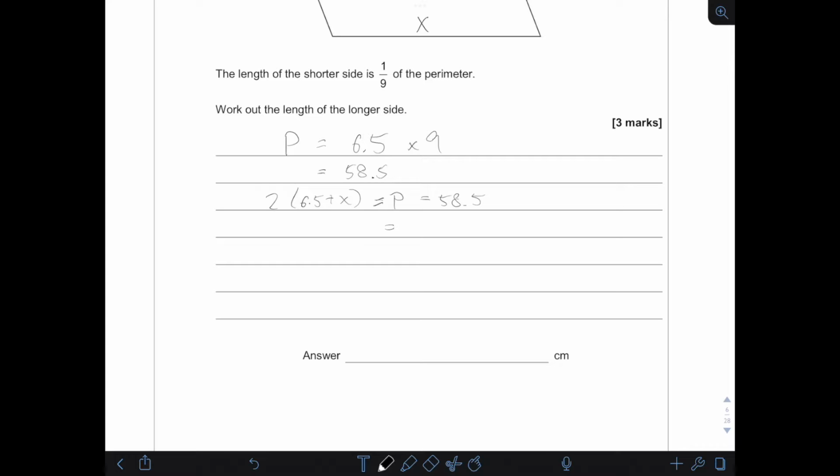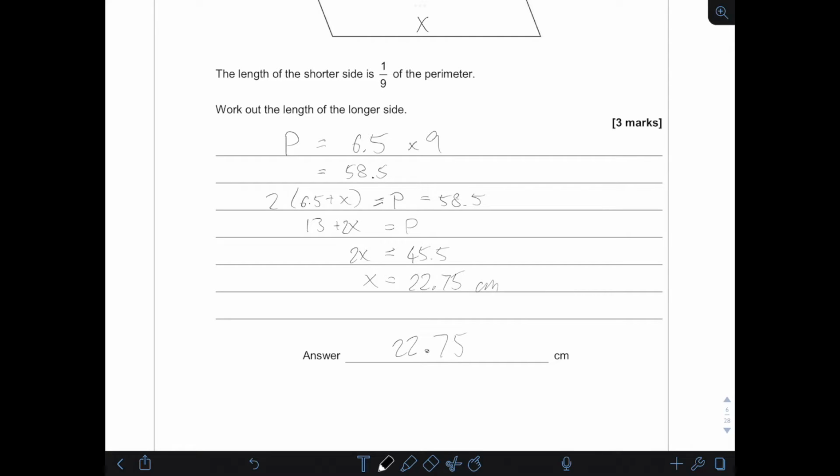Knowing that, we can now expand our bracket on the left to give 13 plus 2x equals P, and we know that 2x is, well, if we take 13 from 58.5, we should get 45.5, and that would give x equal to 22.75 centimeters.